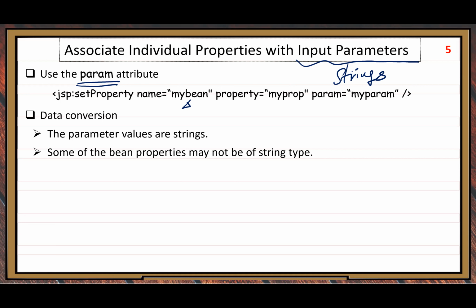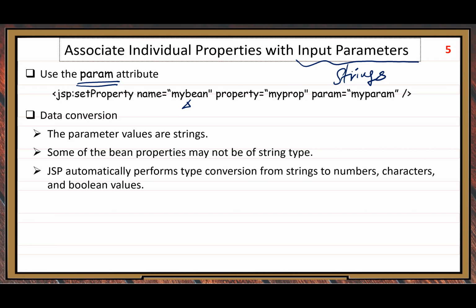It could be a date type, other than numerical types, and possibly some other types. JSP automatically performs type conversion from string to numbers, characters, and Boolean values. Here, you see JSP can do relatively simple conversion.